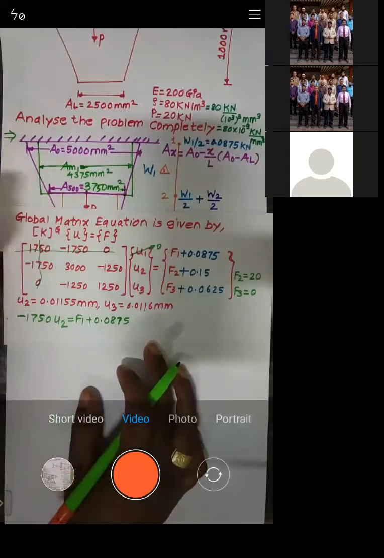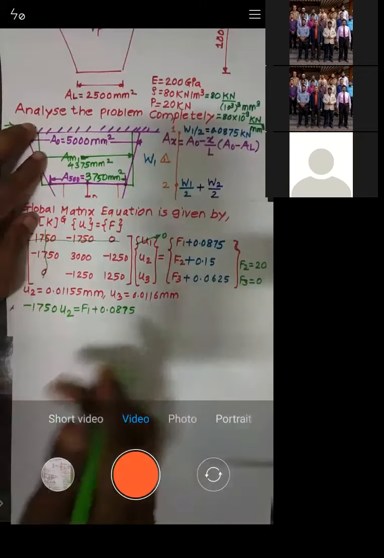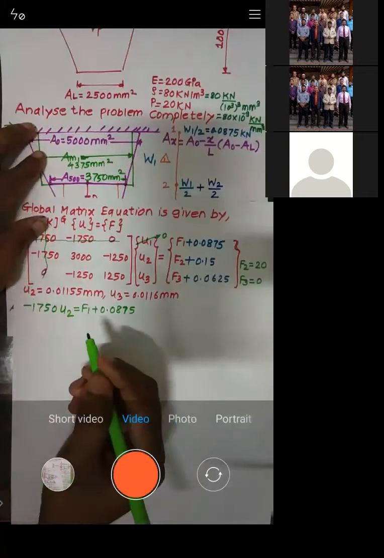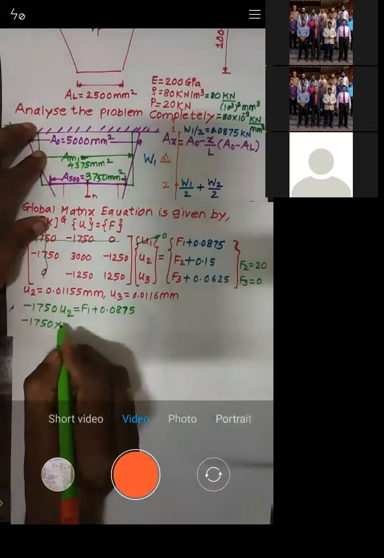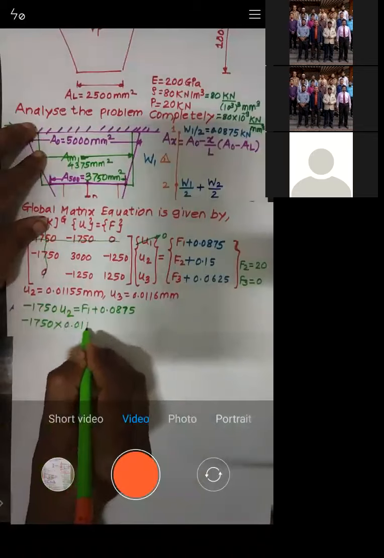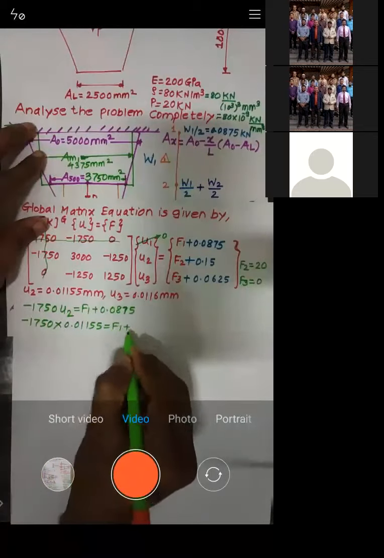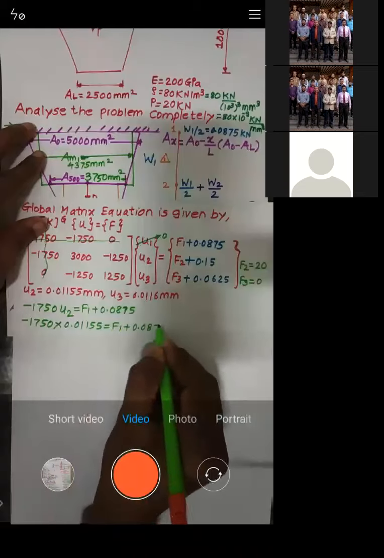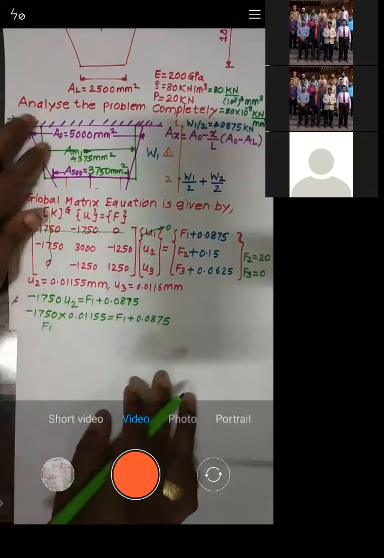Just do the calculation and tell me how much value we are getting for F1. So that is minus 1750 into U2, and U2 we have just calculated, 0.01155, is equal to F1 plus 0.0875. From this you will get the value of F1.